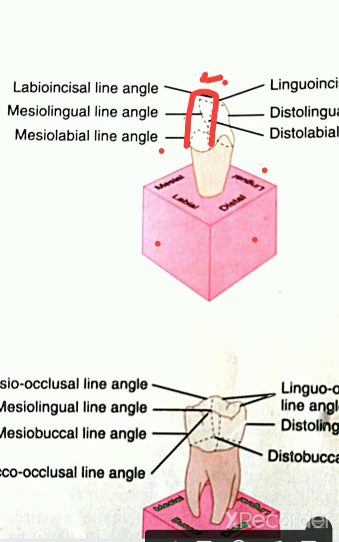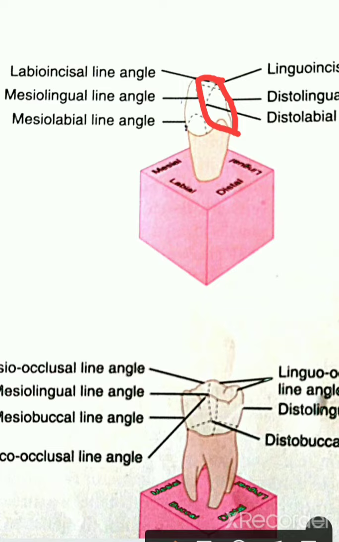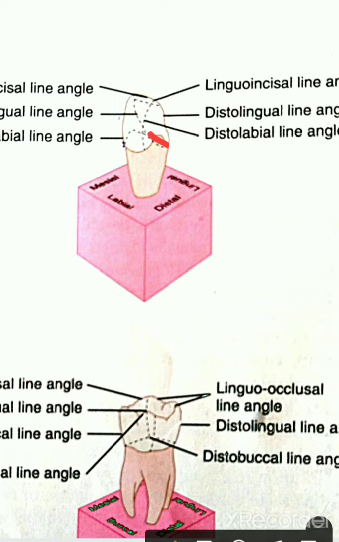So this angle is known as the labio-incisal angle. This is the lingual surface, with the incisal edge and the lingual side. So this is known as the linguo-incisal angle.